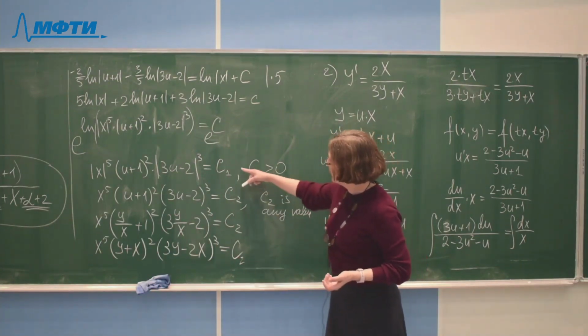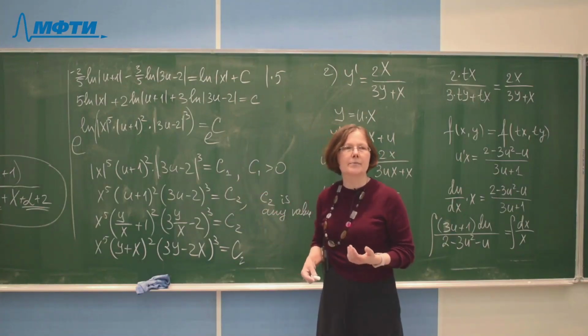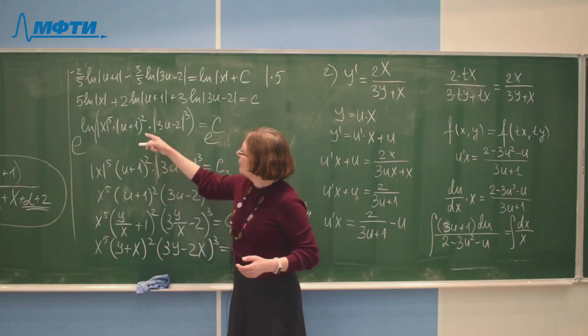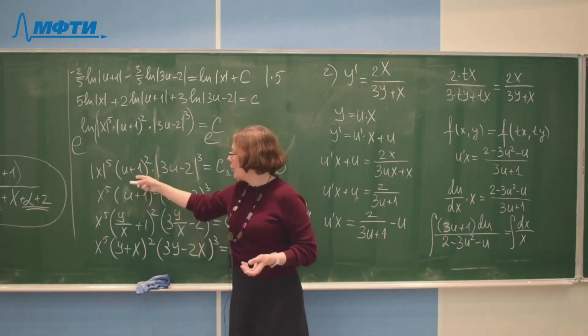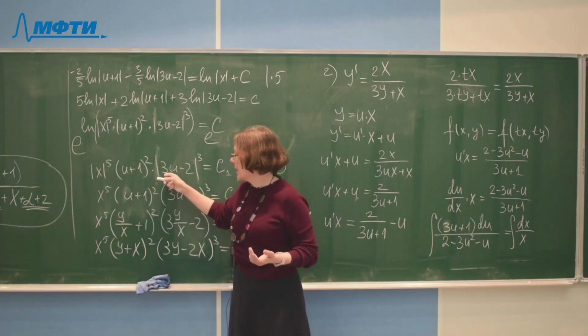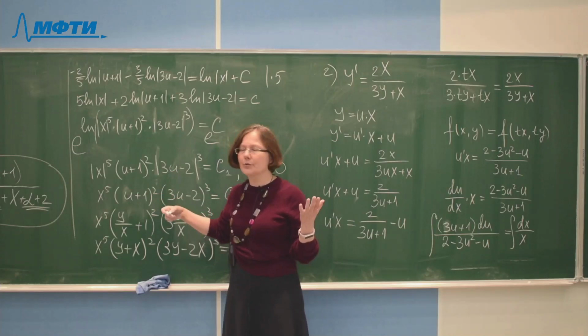Right, so this operation, right, to eliminate the absolute value. How to eliminate the absolute value? It comes from the logarithmic function, but now we have no logarithms, and so we needn't have the absolute values, because it's difficult to operate with these solutions.